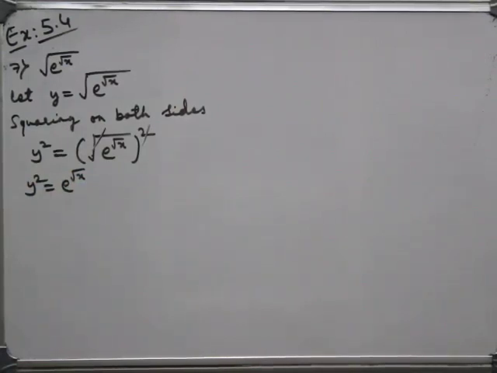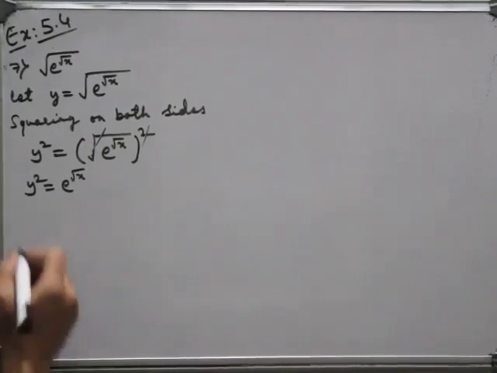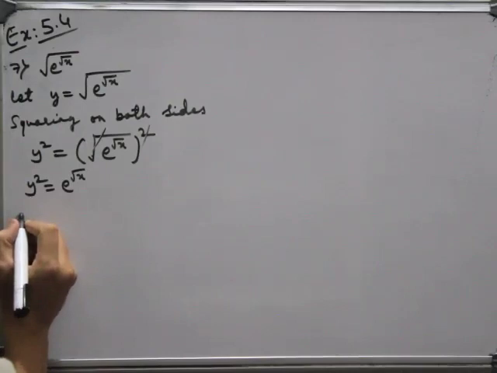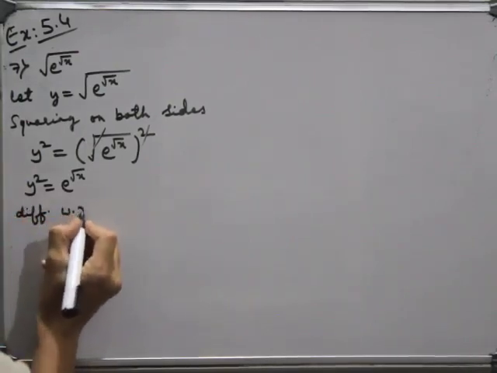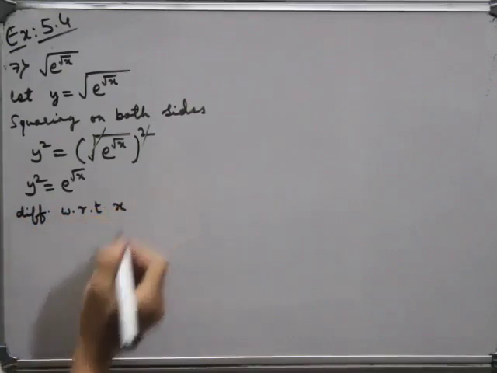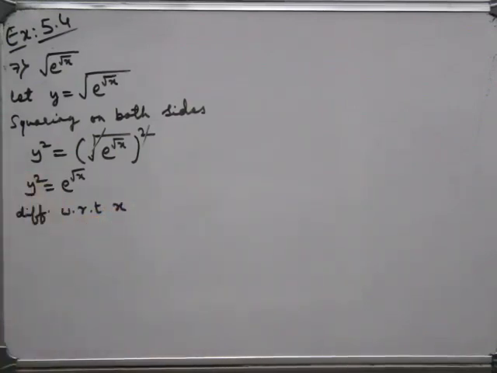Now differentiate with respect to x. So what will be the differentiation of y square? Go back to your implicit functions concept. There we have seen differentiation of y square.